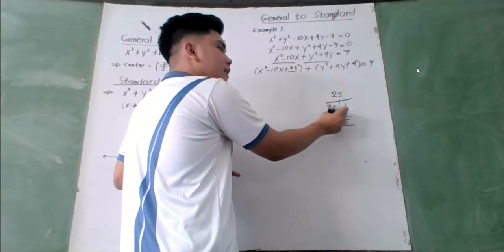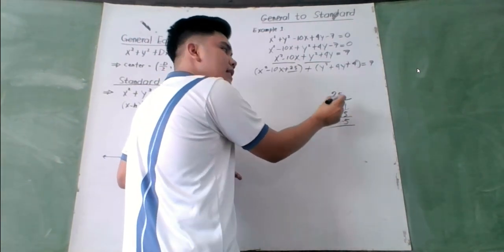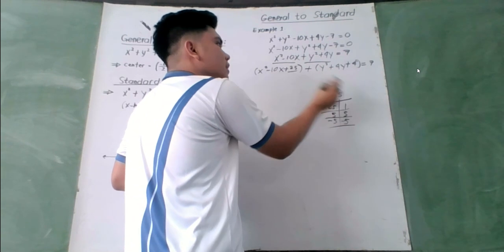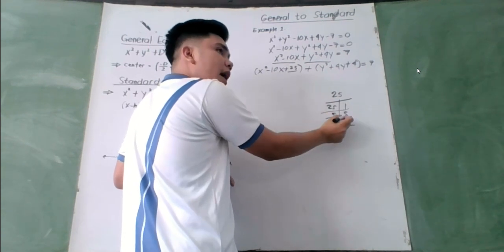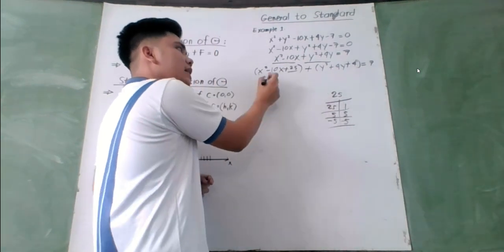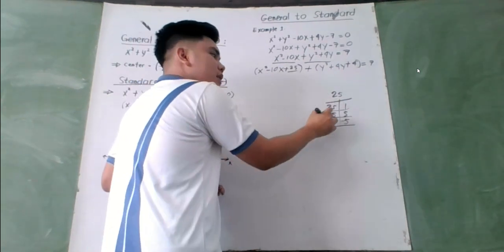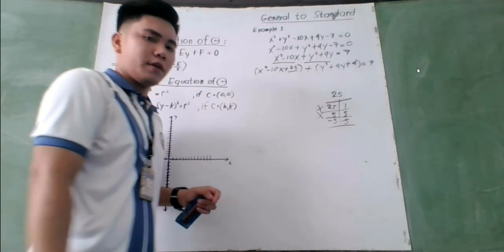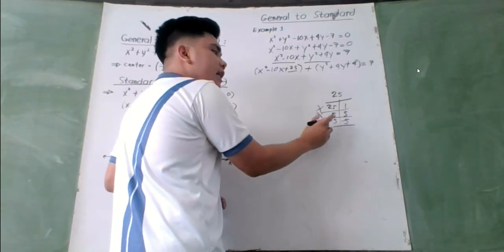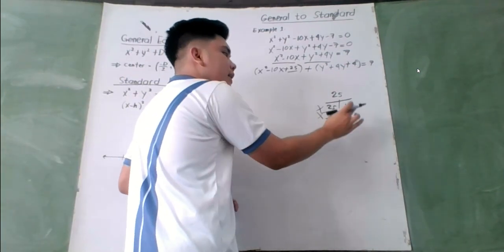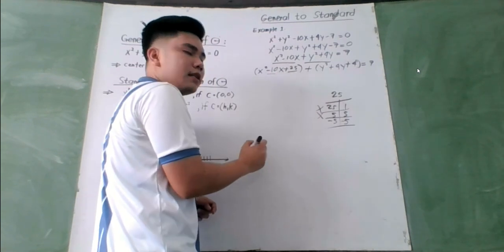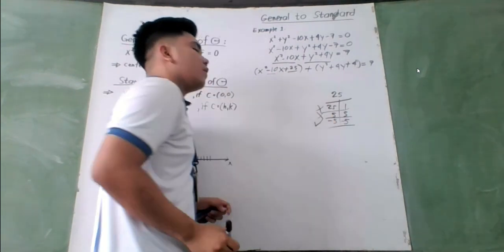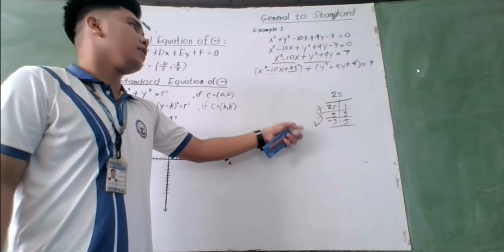25 times 1, 25 plus 1, that is 26. So it is not equal to negative 10. How about 5 plus 5, that is 10, but it is not negative, so this is not the factor. How about negative 5 plus negative 5, that is negative 10. Therefore, this is our factor now. So how to do it?